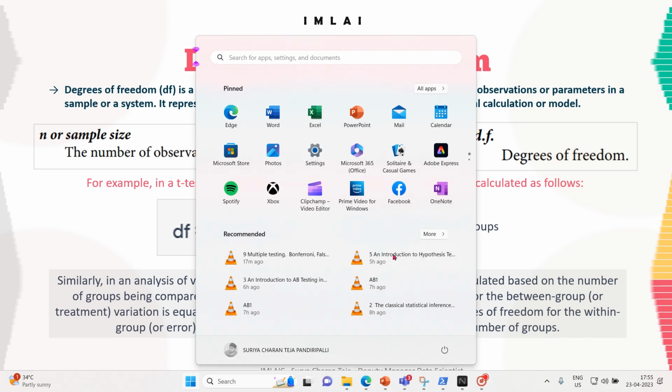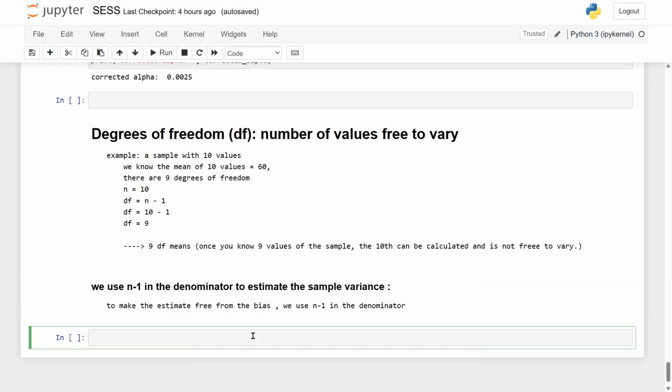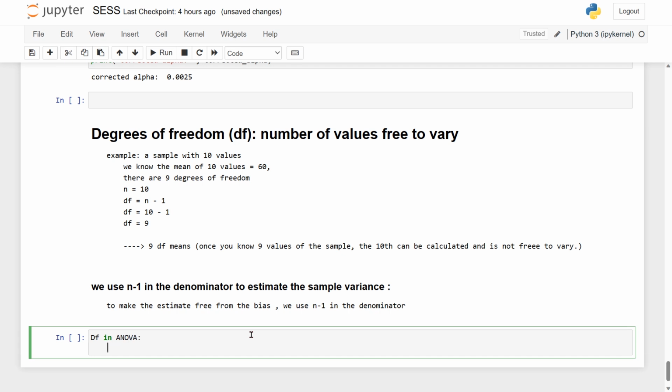There are two measurements of degrees of freedom in ANOVA. One is degrees of freedom, DF, for the between groups.